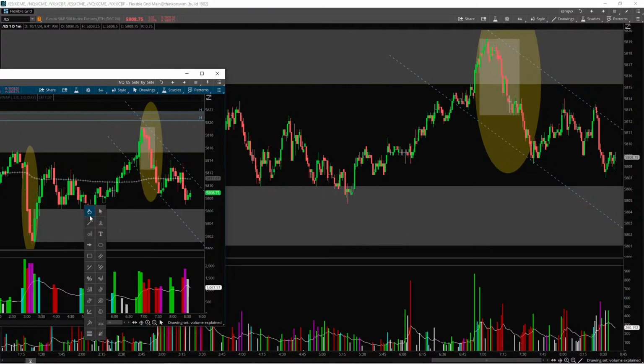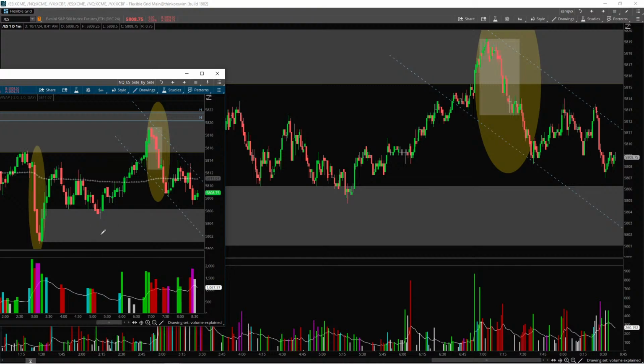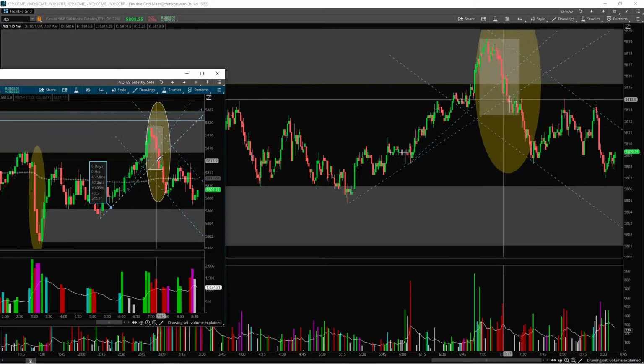all right, we have this one here, and then since price has moved away from it, go a little tighter like this. All right, and price really moved away from it, but then we have price coming in here.